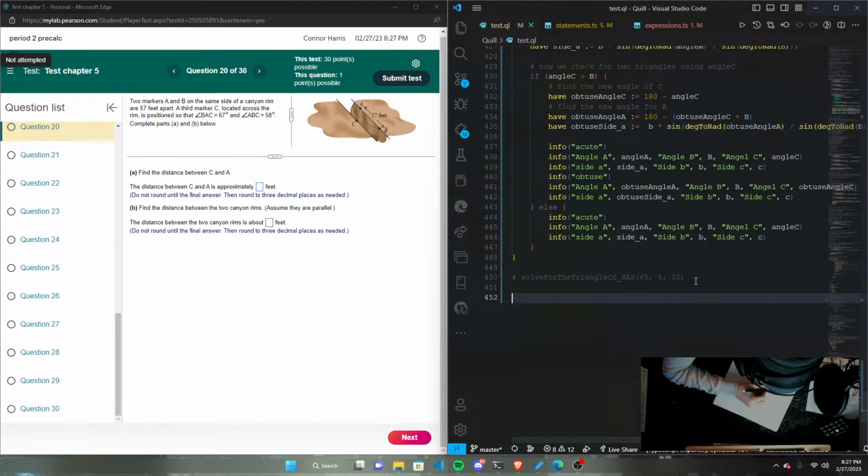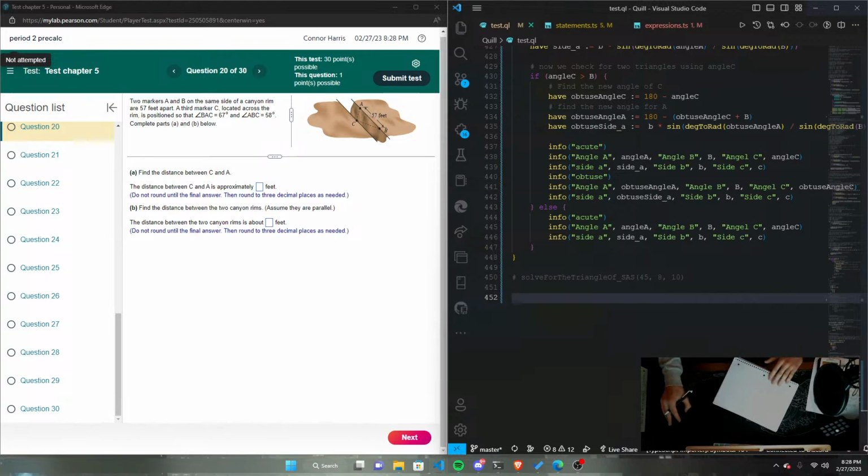So we have our triangle. We know that we have C, A, and B. We know that side C is 57 feet. And we know that angle A here is 67, because we go BAC, and so we'll have this angle here, which would be 67.